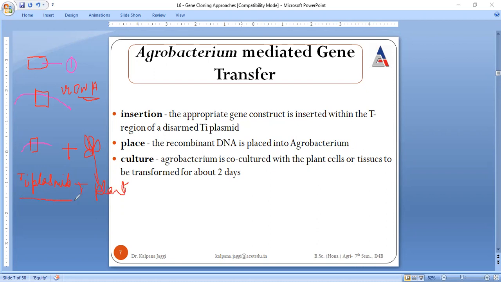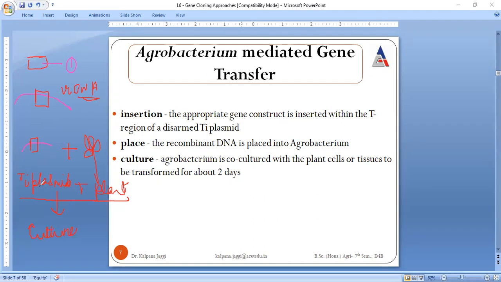If you have simply prepared this Ti plasmid and you are placing it near the plant, there is not going to be entry of this constructed part into the plant. What is the correct way for the transformation to take place?